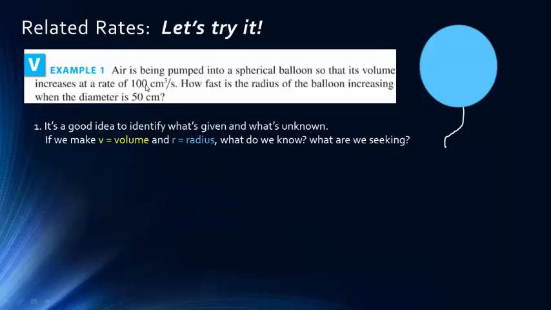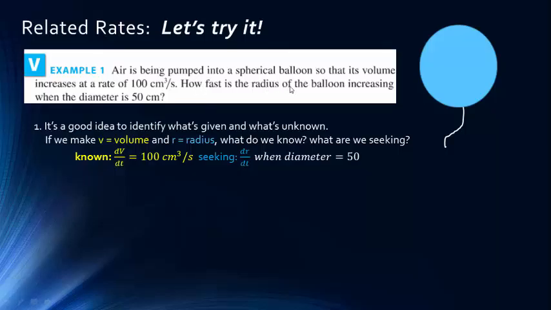Now when you're identifying pieces of given and what we're looking for, use the notation that we're familiar with. What do we use for the rate of change? This is in centimeters per second. It's the rate of change of the volume, so this is dV/dt. The derivative of the volume with respect to time is 100 cubic centimeters per second.